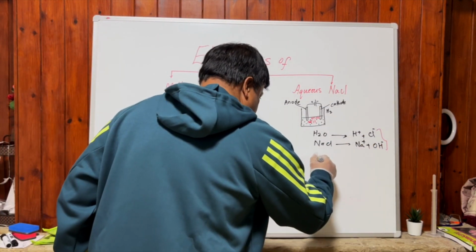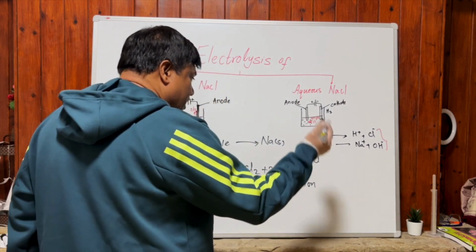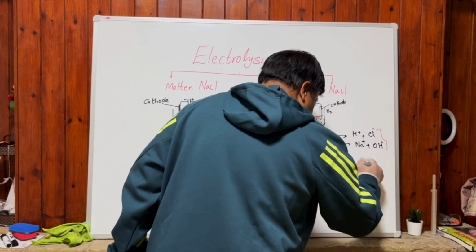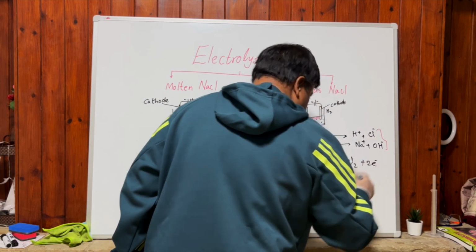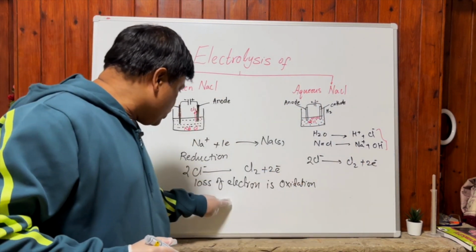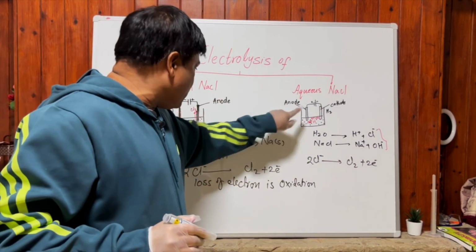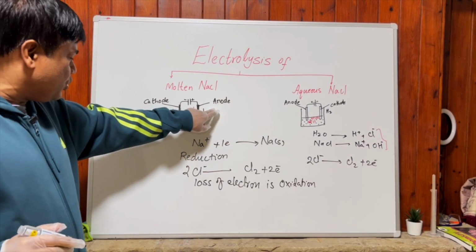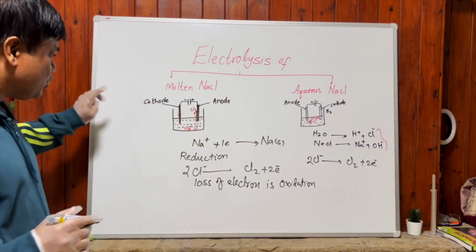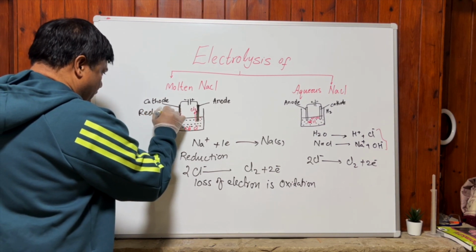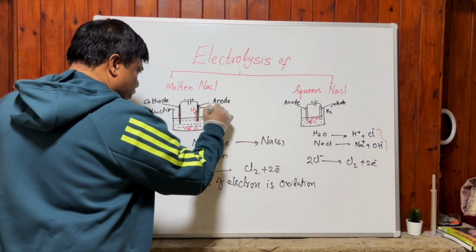Chloride will be discharged as chlorine gas at the anode: 2Cl minus gives Cl2 plus 2 electrons. Loss of electrons, so oxidation takes place at the anode, and reduction takes place at the cathode. Cathode reduction, anode oxidation.